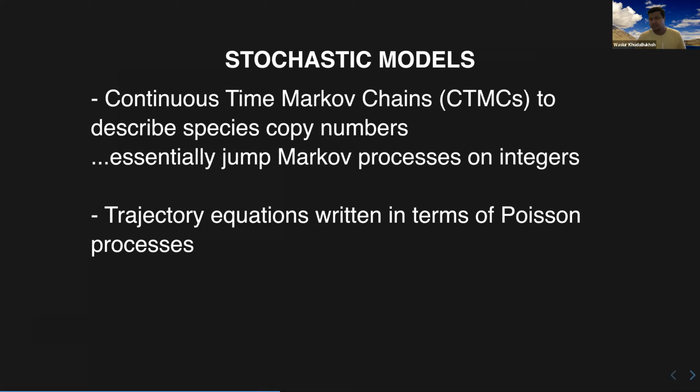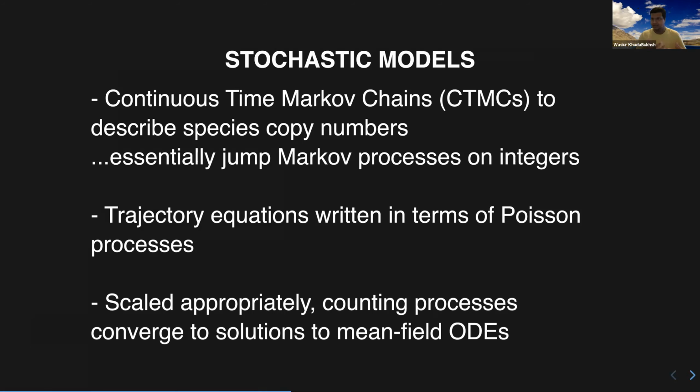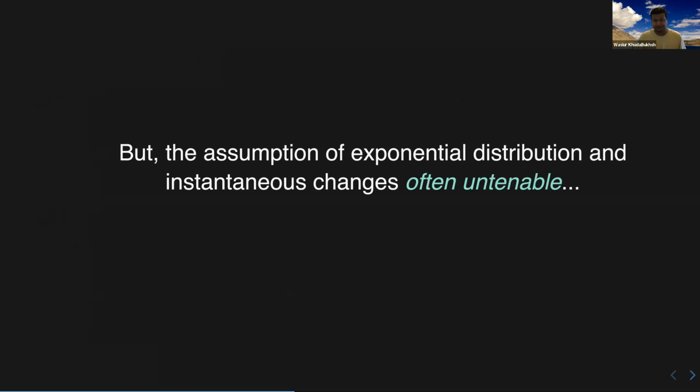And because they are Markov processes, you can write down trajectory equations using Poisson processes, which is nice because we know that if we scale those processes appropriately, we can show that the counting processes involved in describing the dynamics of these chemical reaction networks actually converge to solutions of their mean field ordinary differential equation limits. So this is nice and a well-studied system, but it has some shortcomings.